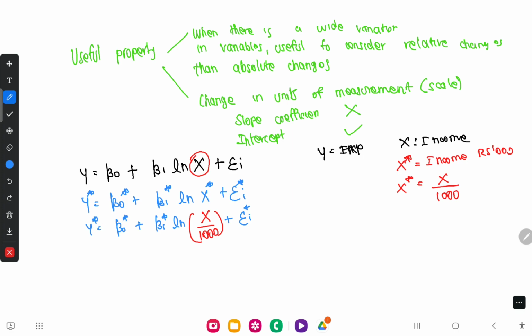Now we have learned that when there is a division in a log, we can write it as a subtraction. So I can write it as beta 1 ln x minus beta 1 ln 1000.